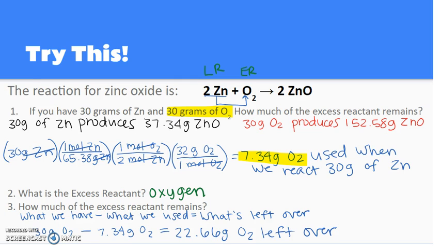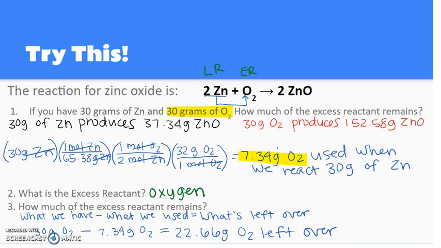What we've done is use this stoichiometry to find the 7.34 grams. That's like finding how many marshmallows we use to create 10 s'mores. Well, we use 20 marshmallows to create 10 s'mores.